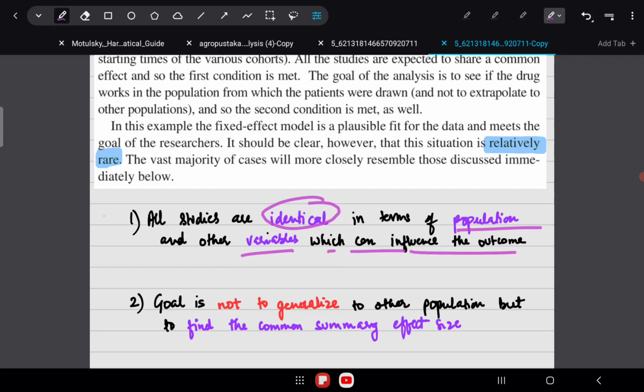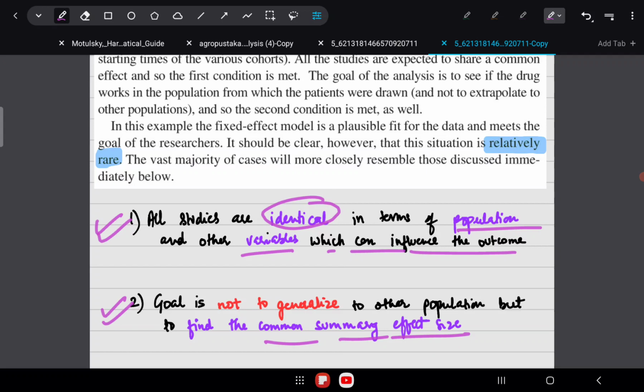This has to be the first most important point if you decide to do fixed effect modeling. The studies have to be the same. The studies have to be identical in terms of covariates which can influence the outcome. Second is your goal. The goal of a fixed effect modeling is not to generalize the results. The goal is to compute a common true effect size for the studies, okay, to find the common summary effect for whatever studies are being included in the meta-analysis.